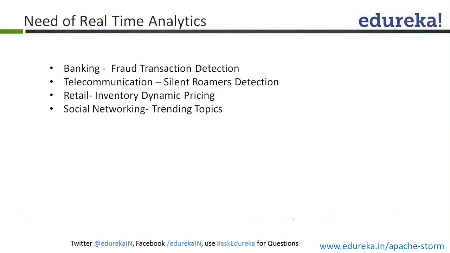One case is in banking, fraud transaction detection. I'm sure you would not have heard of this for the first time, but when it comes to real-time analytics, how does it happen? A simple example: let's say you have a credit card.